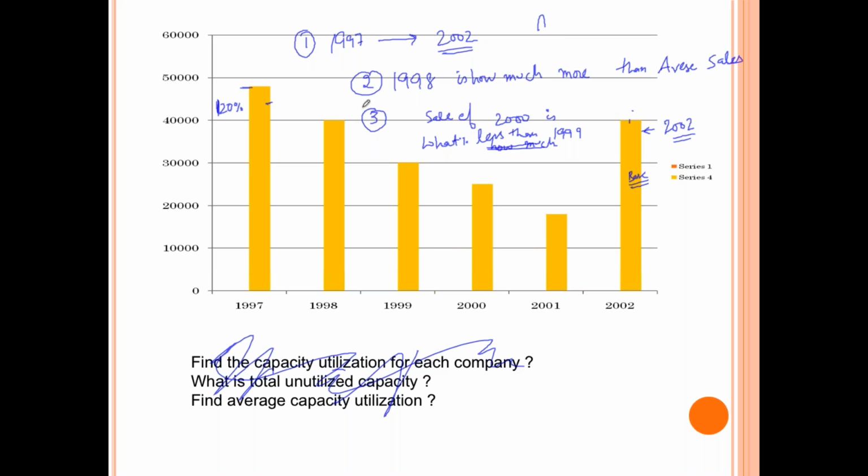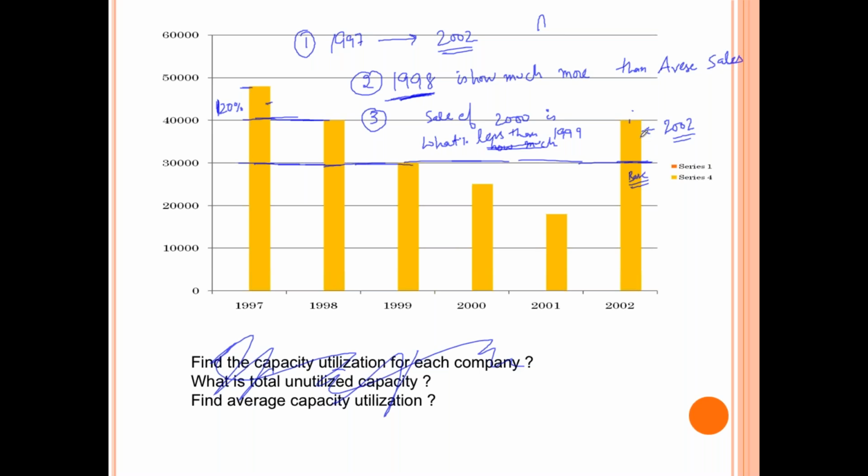Another is, 1998 is how much more than the average sale. So first I have to calculate the average of all, then I will calculate what percentage more than the average 1998 is. Here I will draw a line to find the average. You can do it by summing up all the values, or you can draw a line here at 30,000.